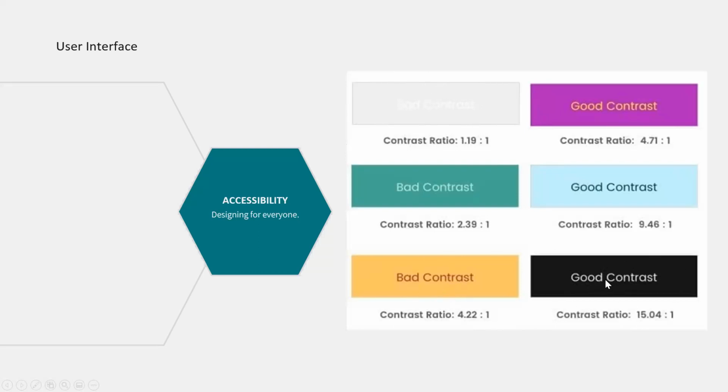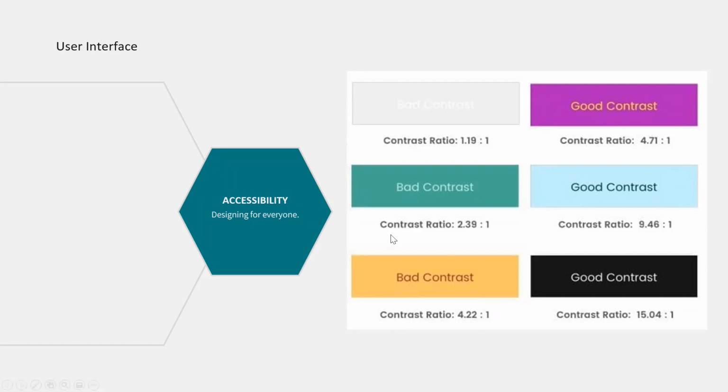But here you can see a nice white on black, a nice dark blue and a light blue. And as you can see, the contrast ratios here are quite high. What that's showing you is, according to the Web Accessibility Guidelines, you need to have a contrast ratio of over 4.5 to be at the level of accessible that places need you to be.